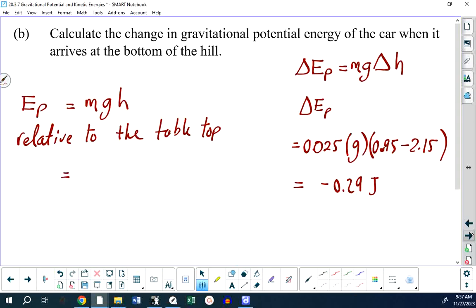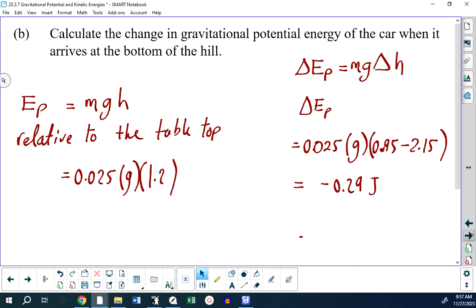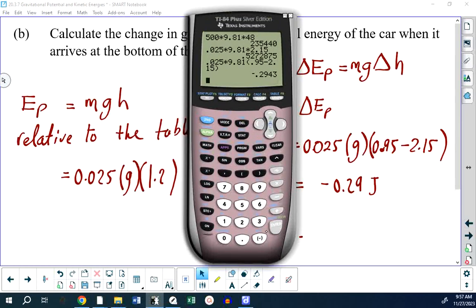So this would be the mass times g times, has somebody had time to double check that it's 1.25 meters? 1.2, thank you. And what you're going to get is the same answer we got here, but it won't be negative. And that's okay. You're going to get the same answer.